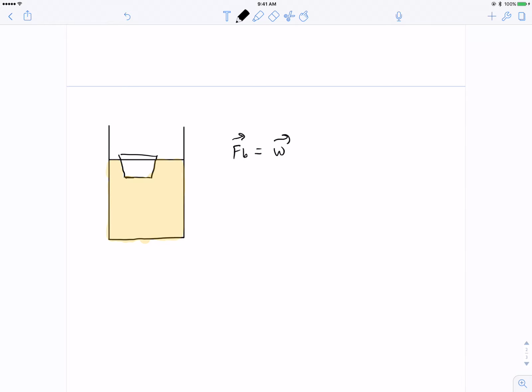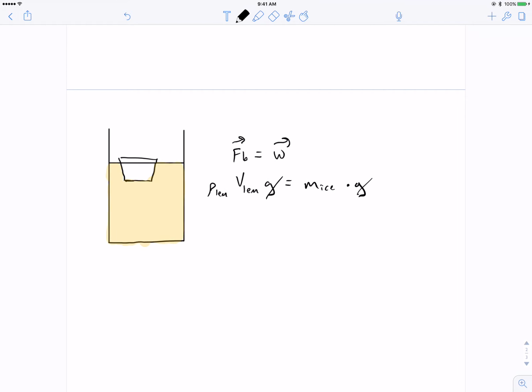But now for rho v g, we're actually going to have the density of lemonade and the volume of lemonade. We know that the density and the volume are referring to the liquid that's being replaced, not the object floating. So weight again is going to be the mass of the ice times gravity. Let's get rid of these g's again, and we can solve for the volume of lemonade displaced while the ice is floating.